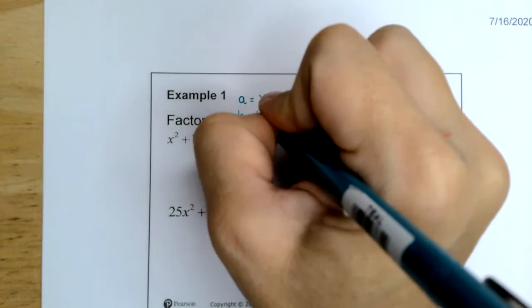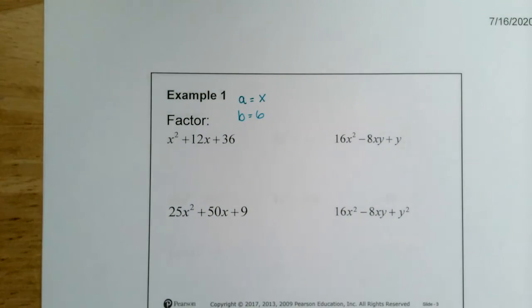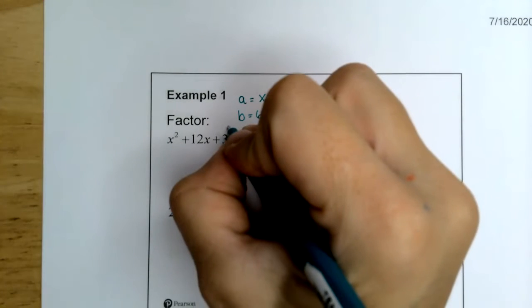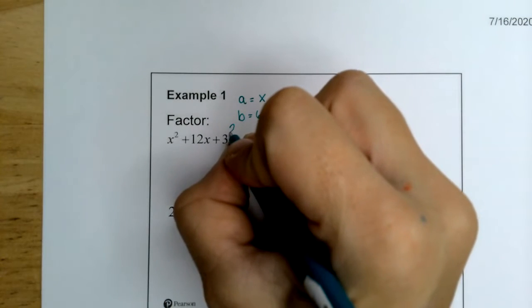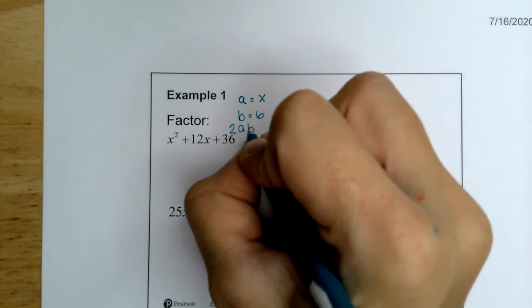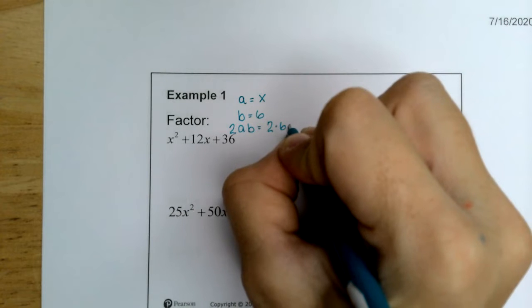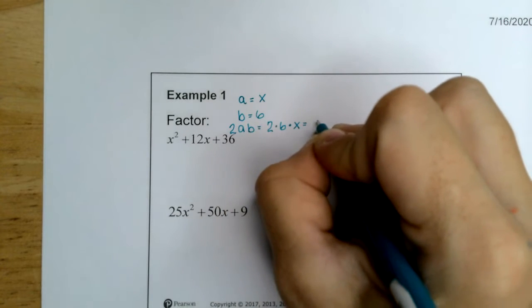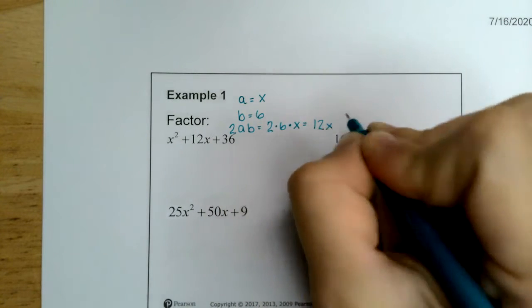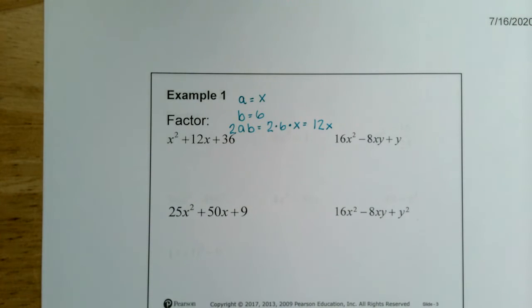B will be 6 because the square root of 36 is 6. Okay, and then positive, so 2ab will be 2 times 6 times x, which does equal 12x. So this one is okay.